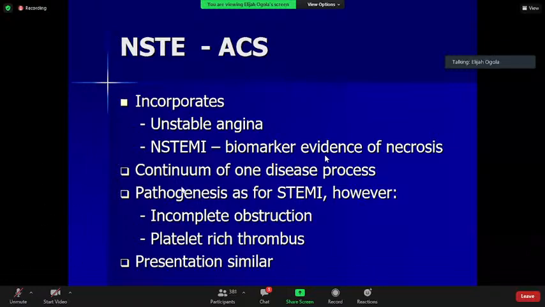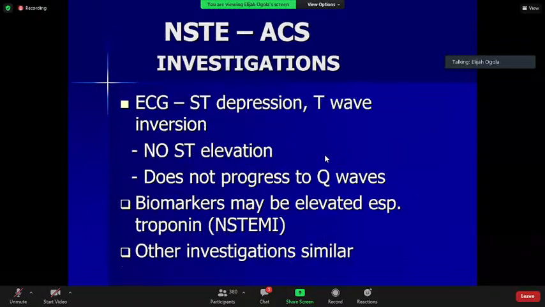Pathogenesis is as for STEMI, so we won't repeat it. However, 2 important things. There is incomplete obstruction, and the clot, as I said earlier, is platelet rich rather than fibrin rich, and that leads to a fundamental difference in how we treat. Presentation is similar to STEMI.